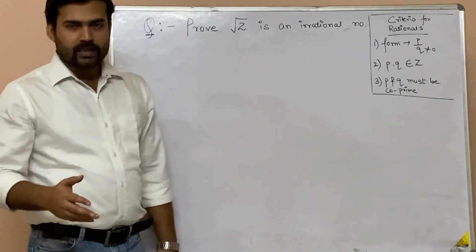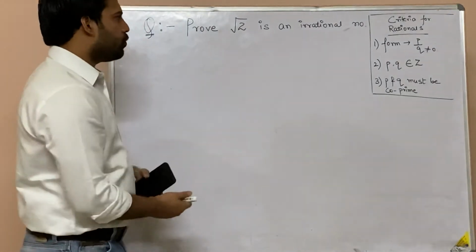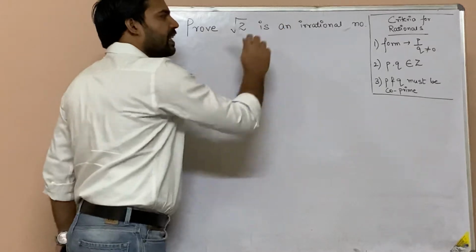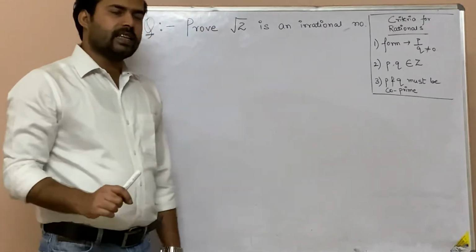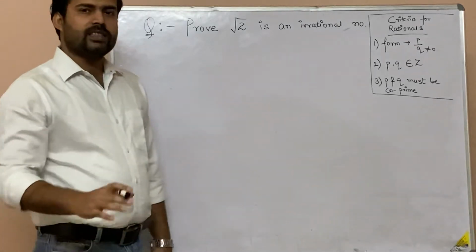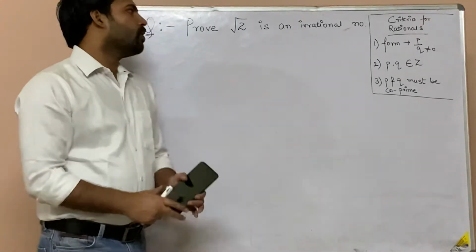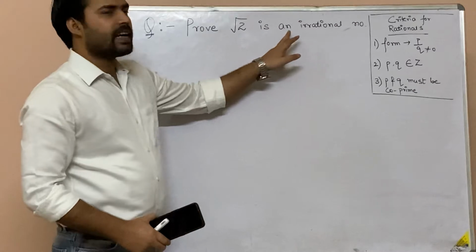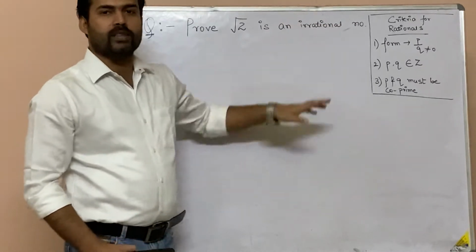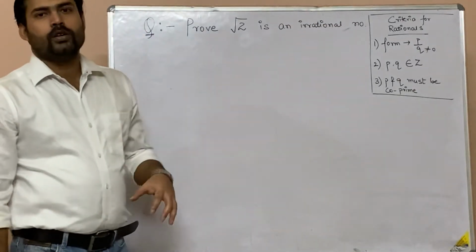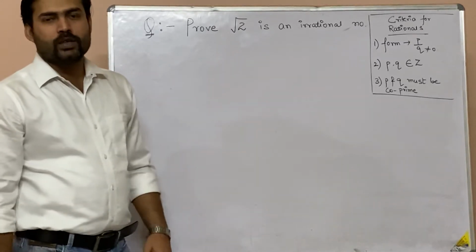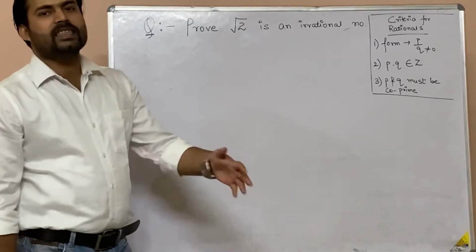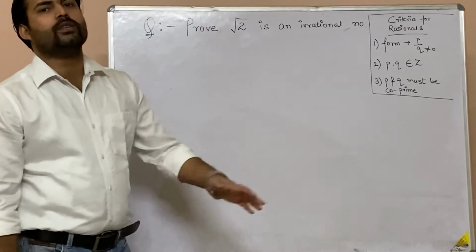I am again repeating. If I need to prove root 2 is an irrational number, and I go by contradiction, I will start like this: let me assume root 2 is a rational number. You will take just the opposite. Suppose I tell you to prove 2 plus 2 is equal to 4, in contradiction you will say, let us assume that 2 plus 2 is not equal to 4.